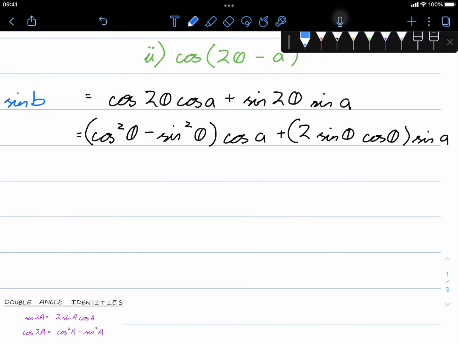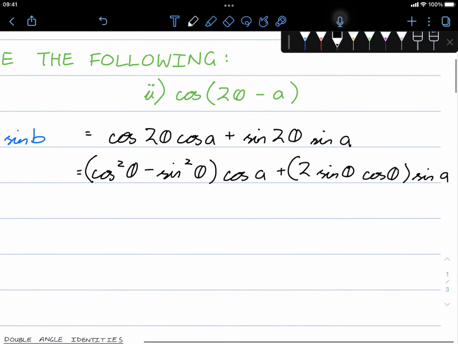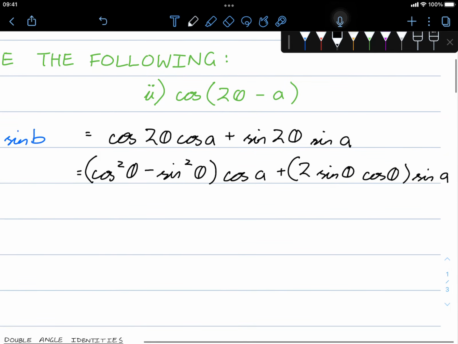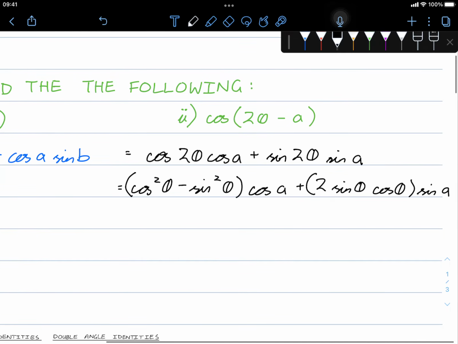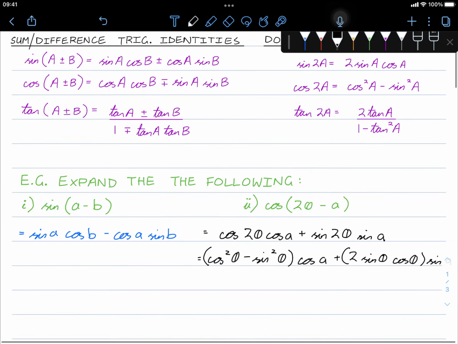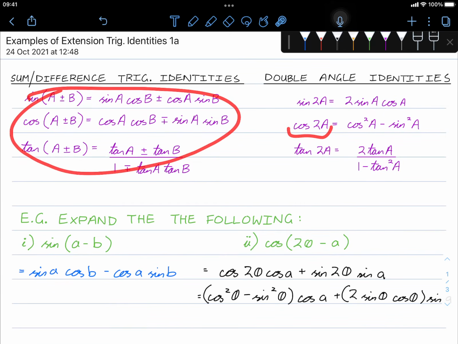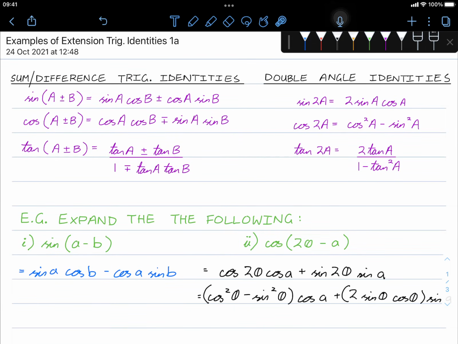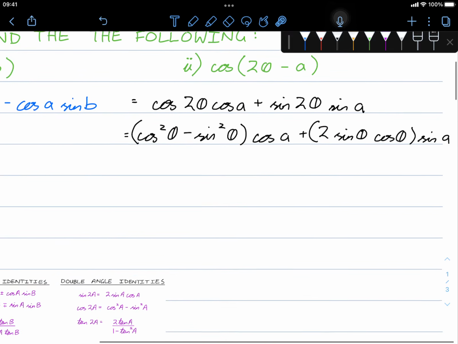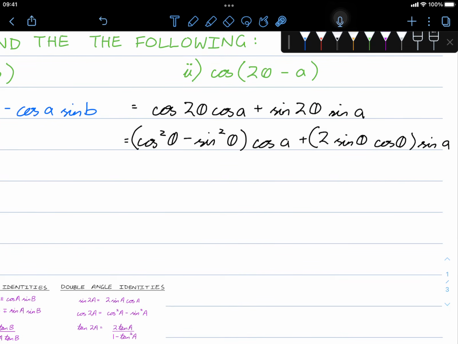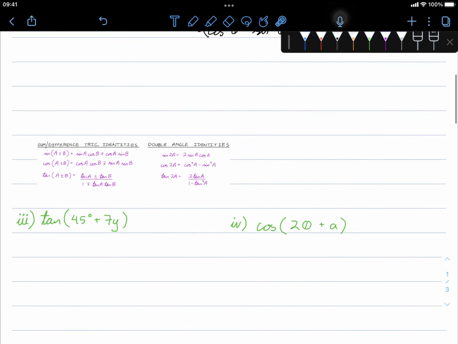Expanding it's not going to help because it's making it more complicated. I think I'll leave it there. I think it's enough that I demonstrated the expansion of sine 2A and cos 2A, as well as the sum or difference of these angles. So let's leave it at this for now, and I'll leave it to you to simplify this further if it's possible. Okay, so let's move on.